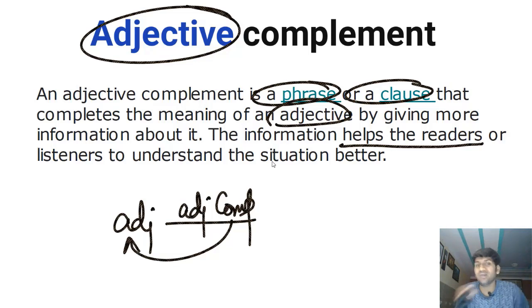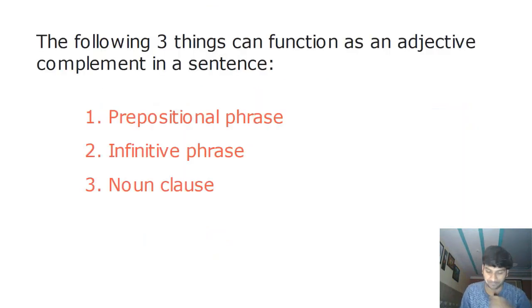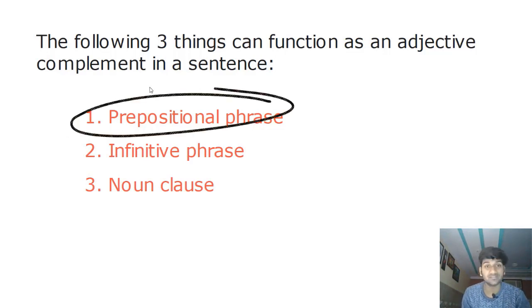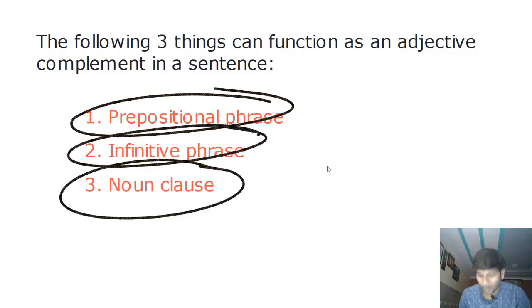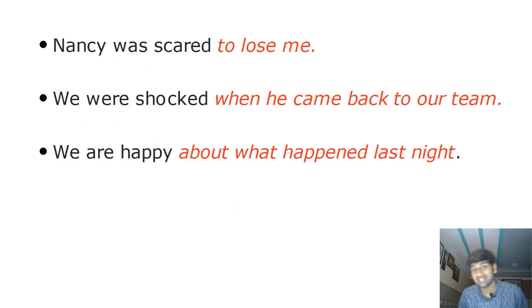You don't know the reason why the subject is in that particular state. Now let's take it this way. All right, let me show you some examples and make you understand. Now, before we do, there are three things that can function as an adjective complement. Number one, prepositional phrases. Number two, infinitive phrases. And number three, noun clauses. All these three things can function as an adjective complement. Let me show you how.